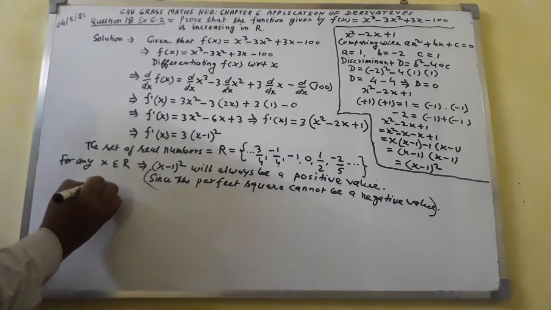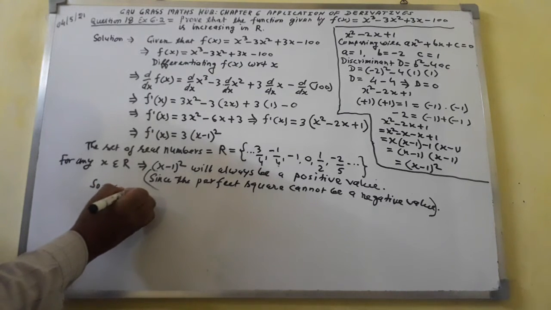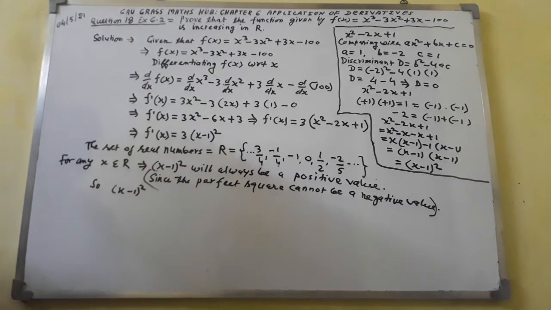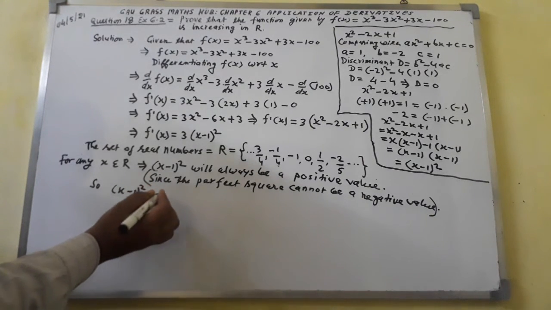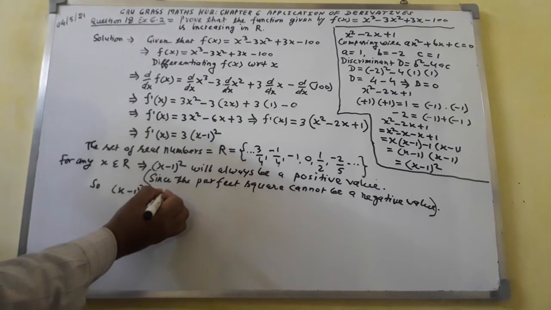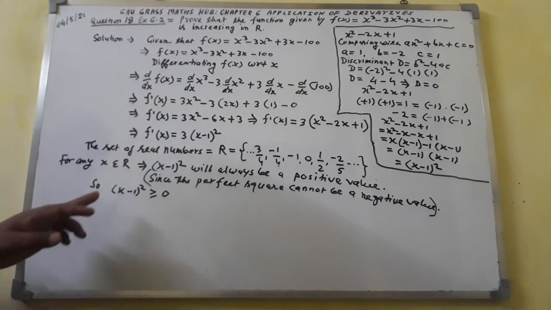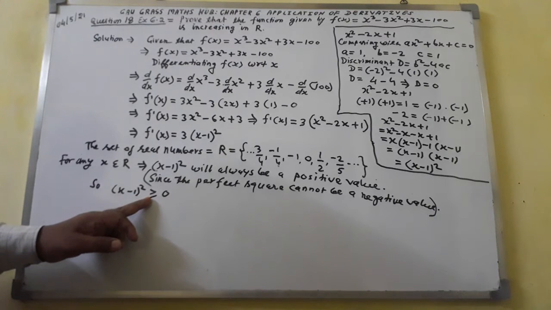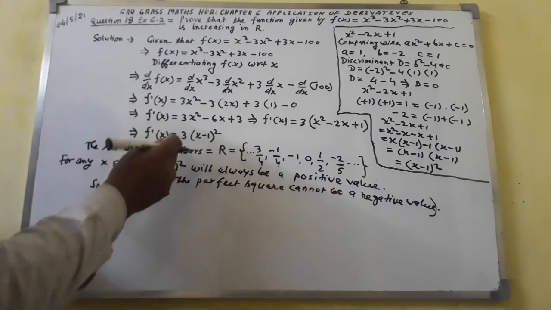Therefore, x minus 1 will be greater than or equal to 0. x minus 1 whole square will be greater than equal to 0, and here you have got 3.